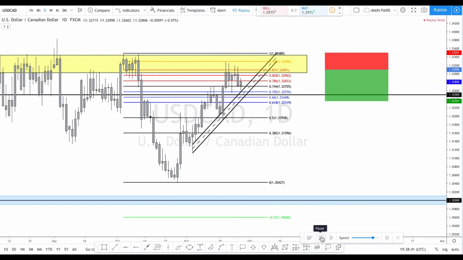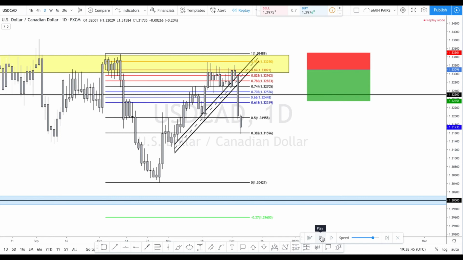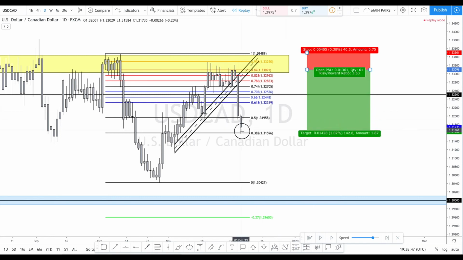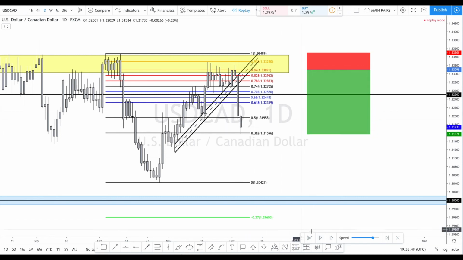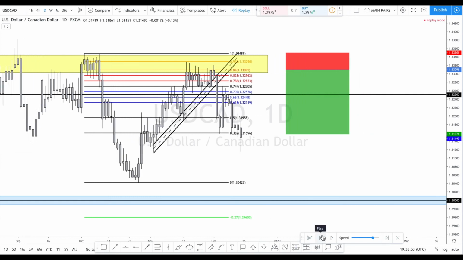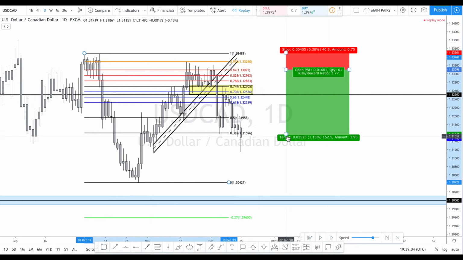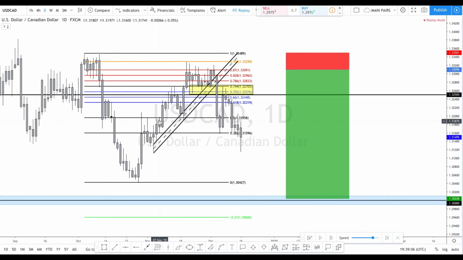So let's have a look at price playing around. We got that break. Now look, your risk to reward is already 3.7. Price continues to pull back up, forms that higher low. This is the point that I stress to people: this is the point where you can move your stop loss.